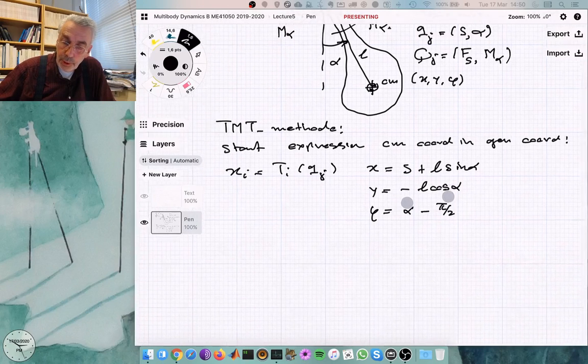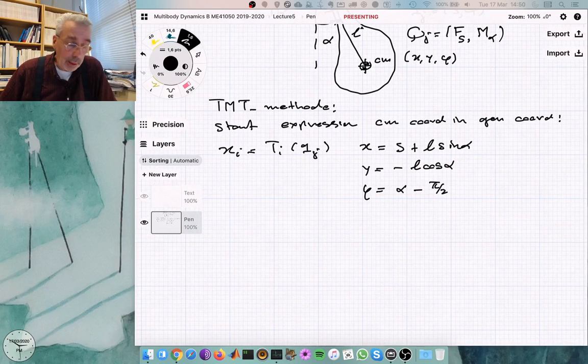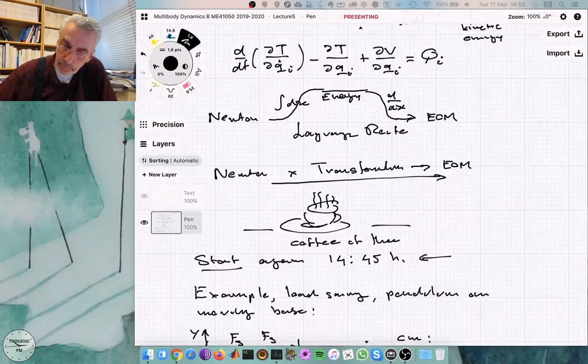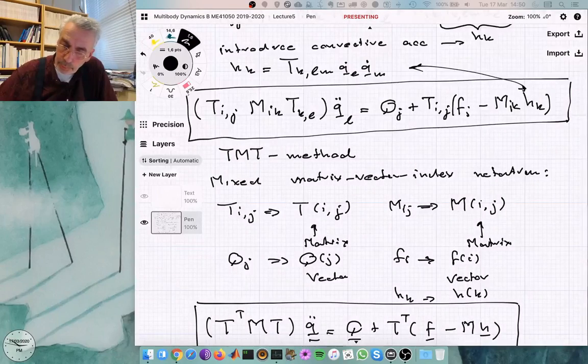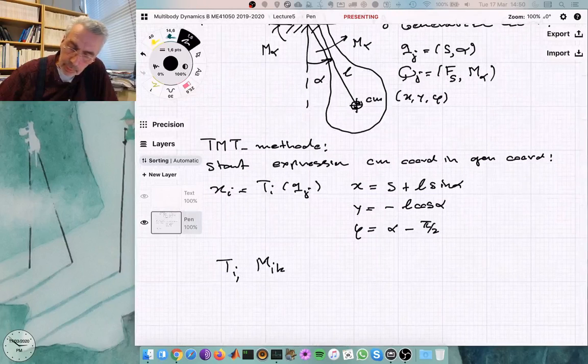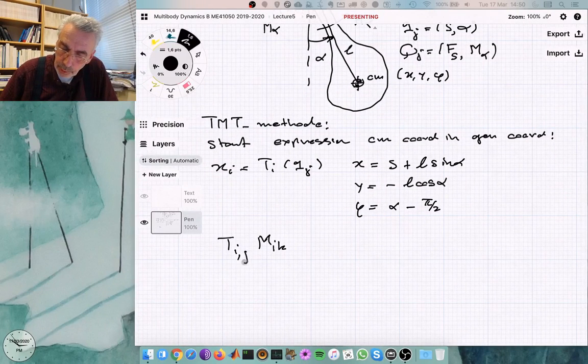Okay, with this we just have to form our equations of motion, and let's remember what they are. So we had a mass matrix MIK, which was transformed with TIJ, TKL, q double dot L. I mean, it doesn't matter what the dummy indices are, but I like to repeat the same as in the notes before.